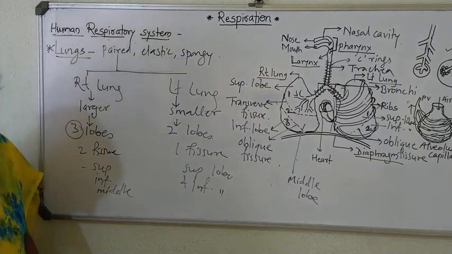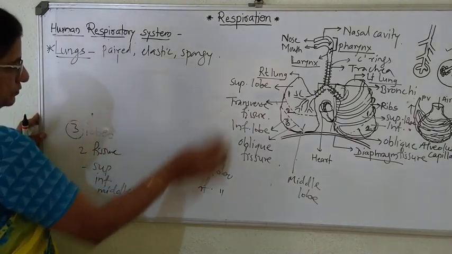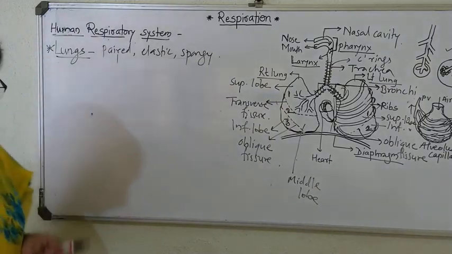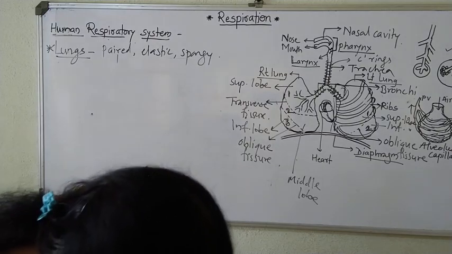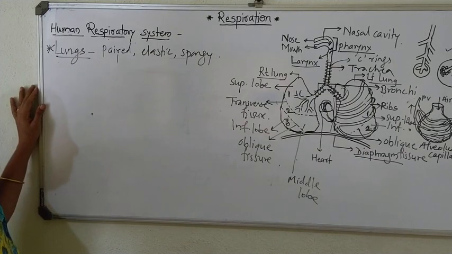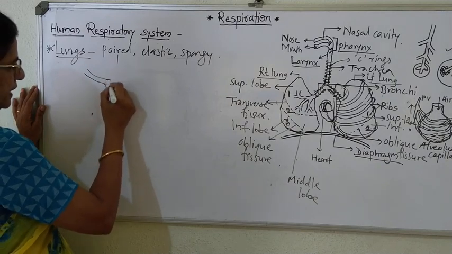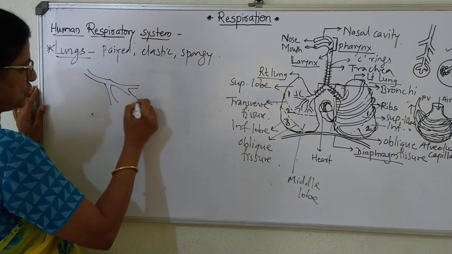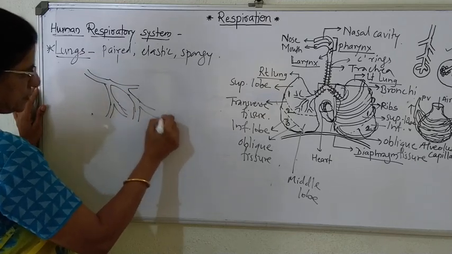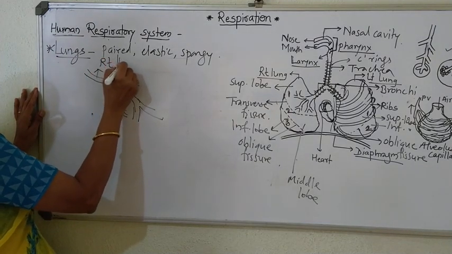Now further, remember, these lobes have the terminal bronchioles. When the bronchus enters inside the lungs, it branches out. Right? Suppose that this is the right bronchus.